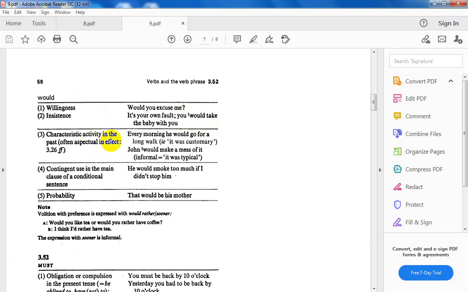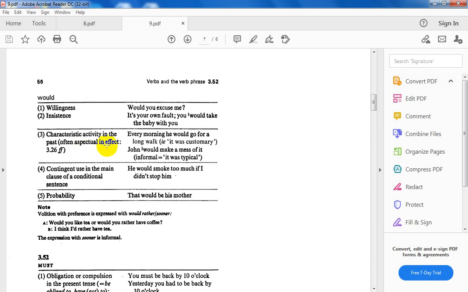Characteristic activity in the past, if you remember, we said he would write with this special pen. We replaced it with he used to write with this special pen, or he always wrote with this special pen.